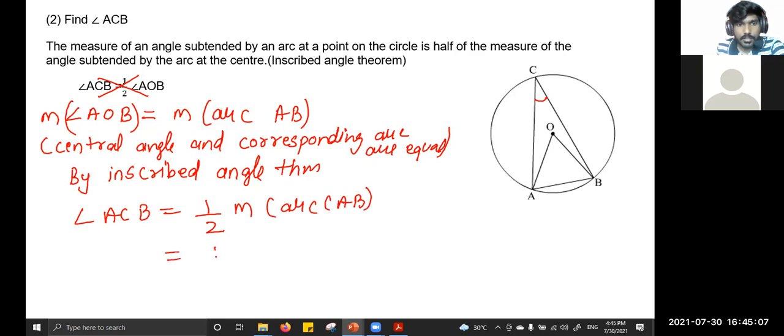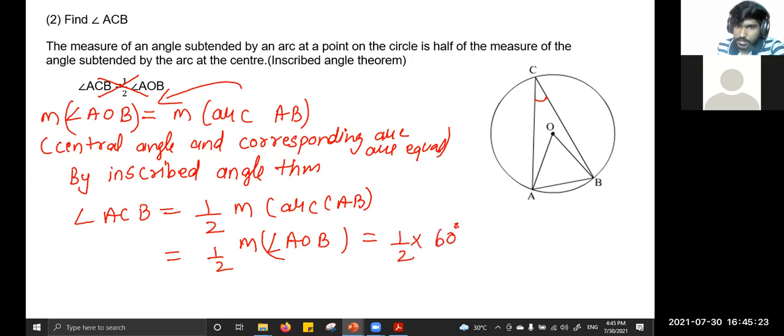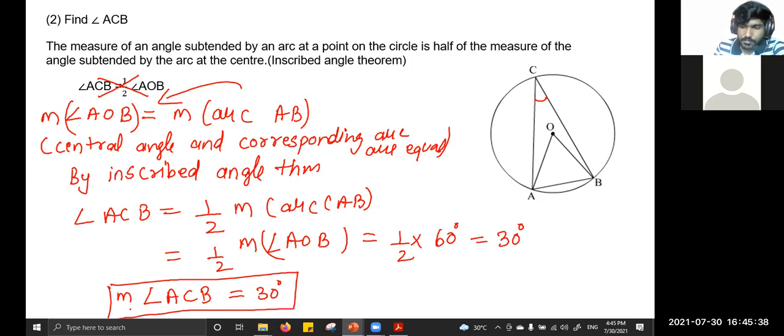But measure arc AB is equal to measure angle AOB, and measure angle AOB you already found out is 60. So 60 divided by 2 is 30 degrees. Therefore, measure angle ACB is equal to 30 degrees. That's it. Did you understand this? Write it down.